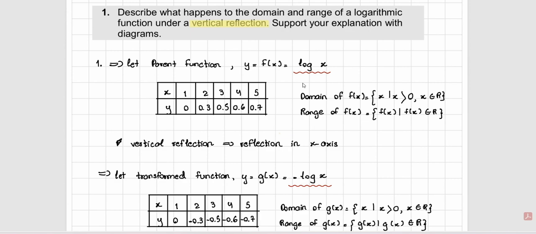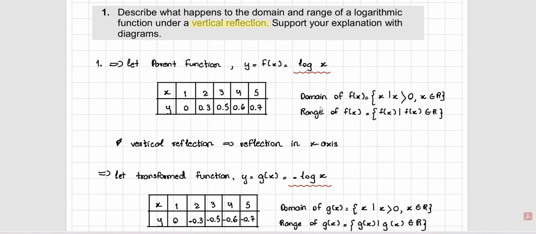For example, log 0 is undefined, and log -1, -2 or -3 are undefined. So the values of x have to be greater than 0, and not 0 as well. This is my table of values.